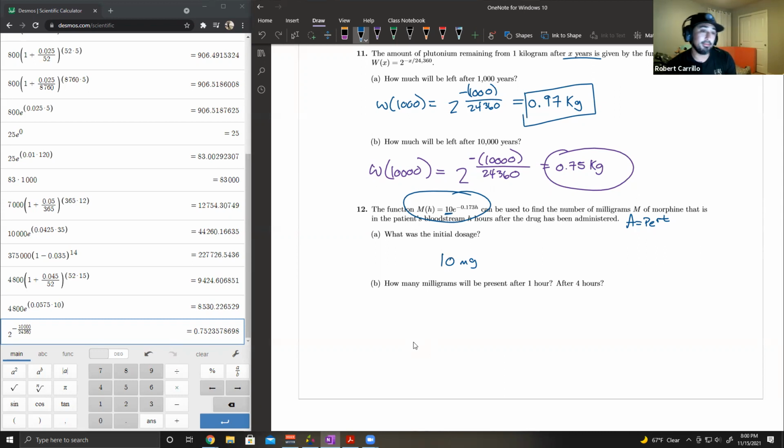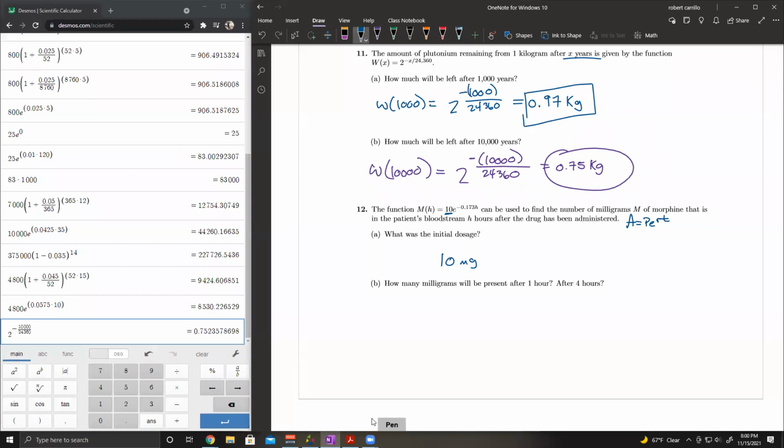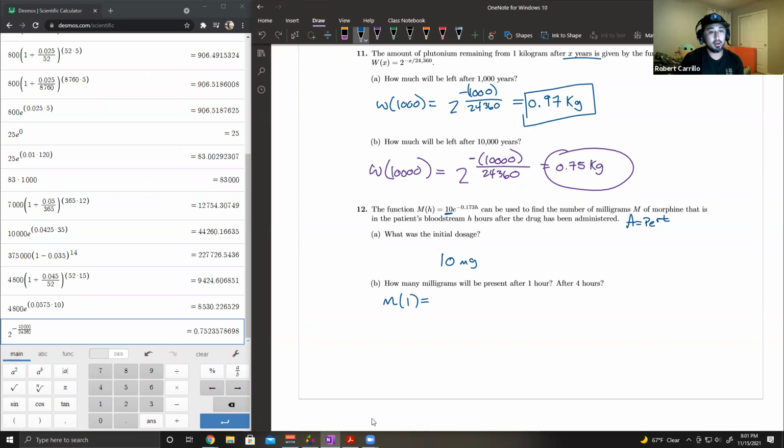Okay. And then how many milligrams will be present after 1 hour and 4 hours? Well, we plug 1 and 4 in for which variable? H, right? So you'd have M of 1 and you'd have 10 times e to the negative 0.173 times 1. And why not do them both at the same time? 4, 10 times e to the negative 0.173 times 4.